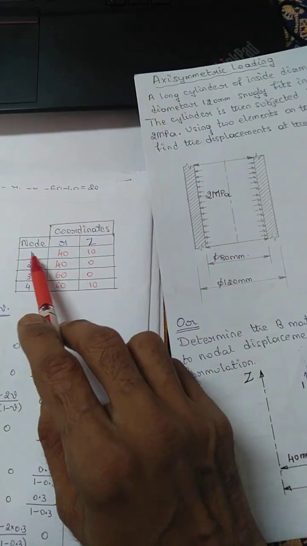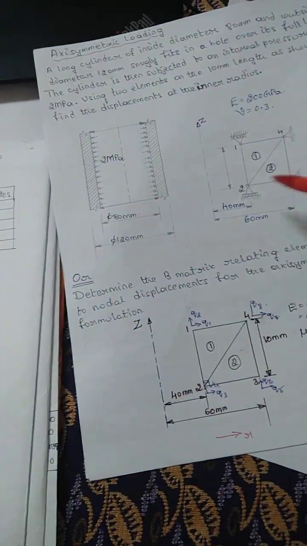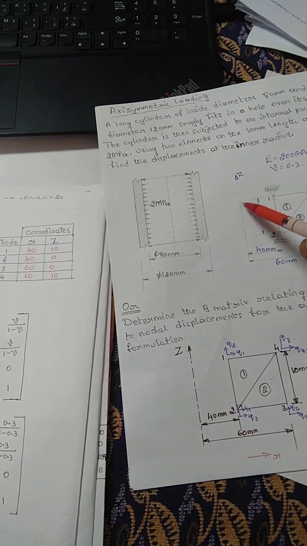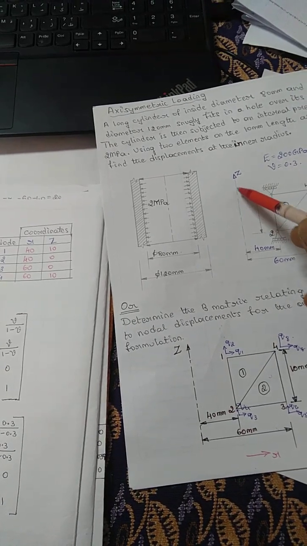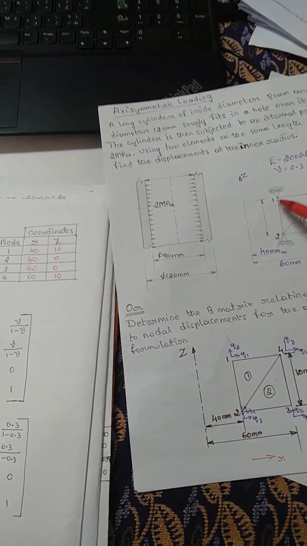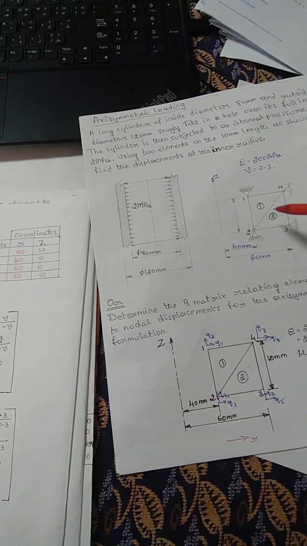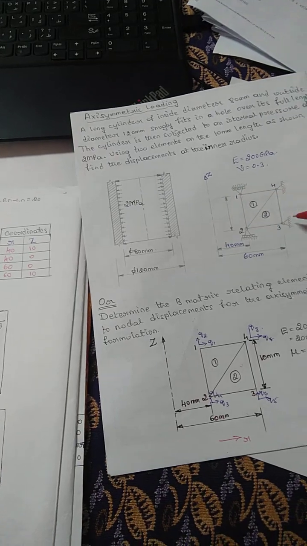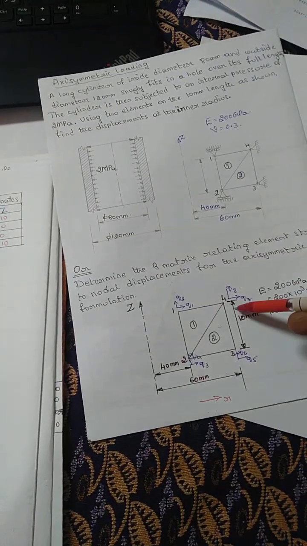Here for node 1, r is 40, which means it is 40 mm away from the z axis, and z is 10. See here, this is 10 mm.